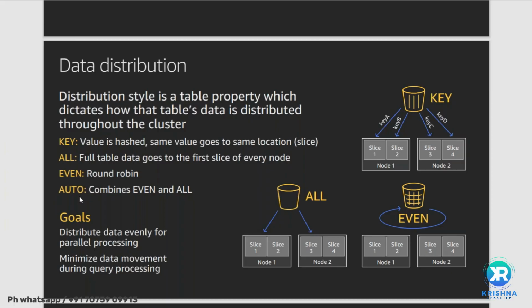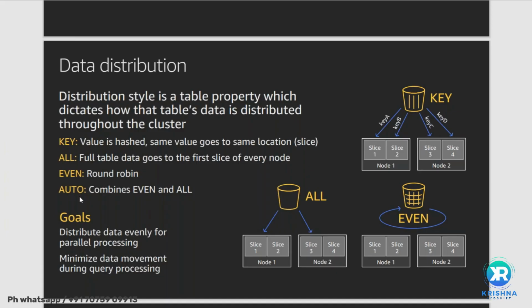For example, when a new table is deployed into production, you may not have any idea how big the table will be. So initially you can just leave it, and it will automatically be considered auto. Auto initially starts with the all distribution style, and then if the table becomes too big, it will convert to even.